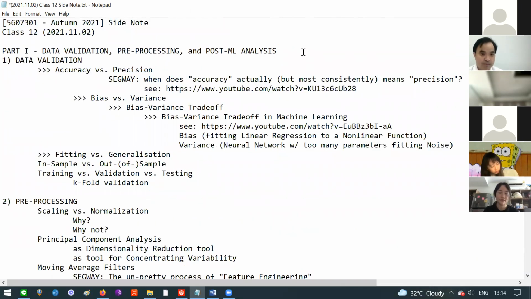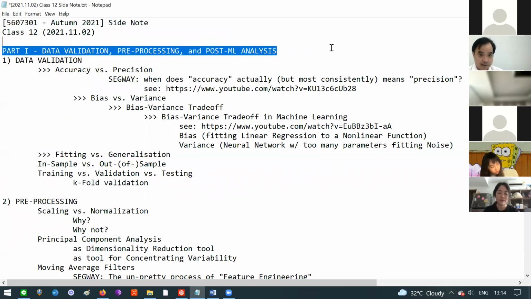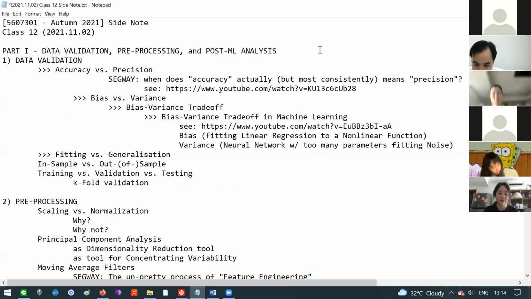Part one is something that originally I didn't have in the syllabus. It's something that you pick up as you become a professional data scientist. There are best practices of how to do certain things, and you pick this up.